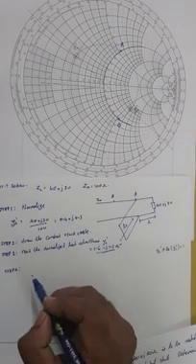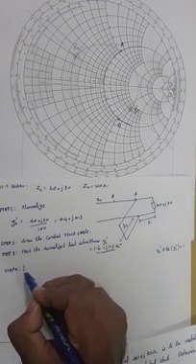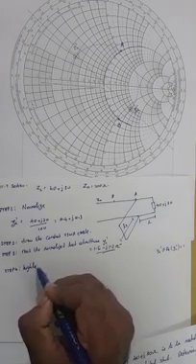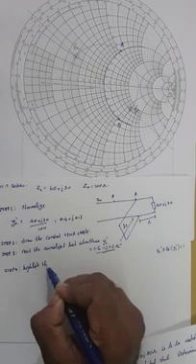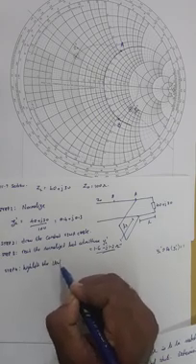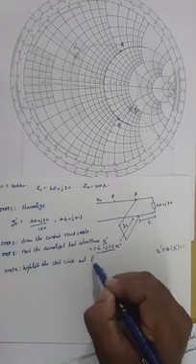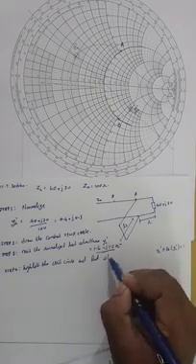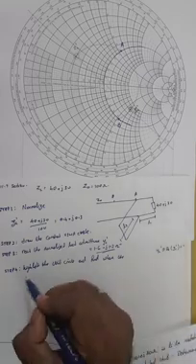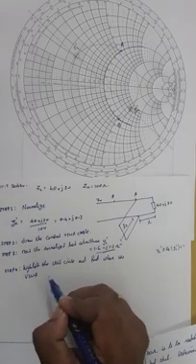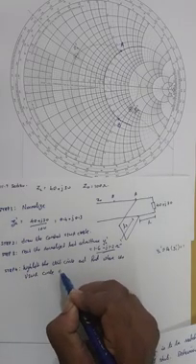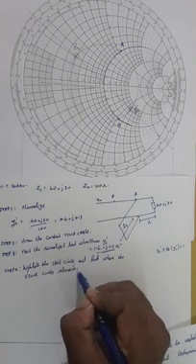So our step 4 is to highlight the unit circle and find where the VSWR circle intersects.